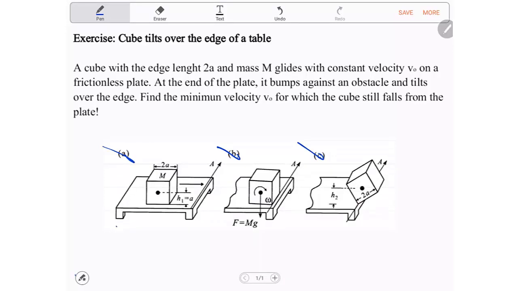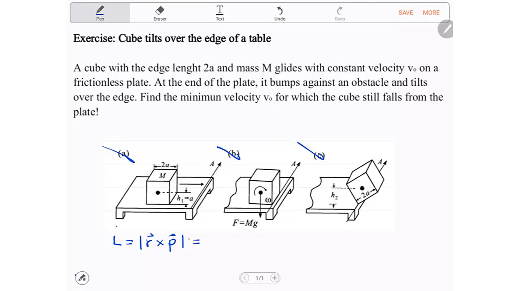So first we want to write the formula for the angular momentum for a particle that is moving on a straight line. By definition, the angular momentum is equal to r cross p, where r is the distance between the projection of the particle and its position, and p is the linear momentum.